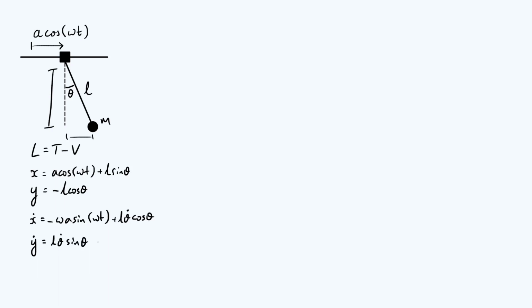So we're now ready to construct our Lagrangian in terms of theta. Let's do the kinetic energy term T first. It is, of course, half m v squared. So we've got our half m v squared is just x dot squared plus y dot squared. So we square both of those expressions. When we square x dot, which is all of that stuff, we're going to get 3 different terms. You're going to get the first term squared, which is omega squared A squared sine squared of omega t.